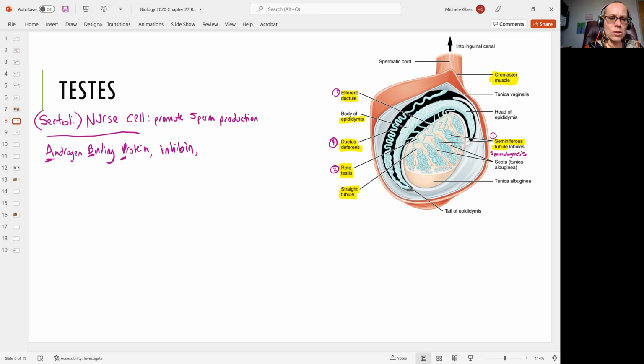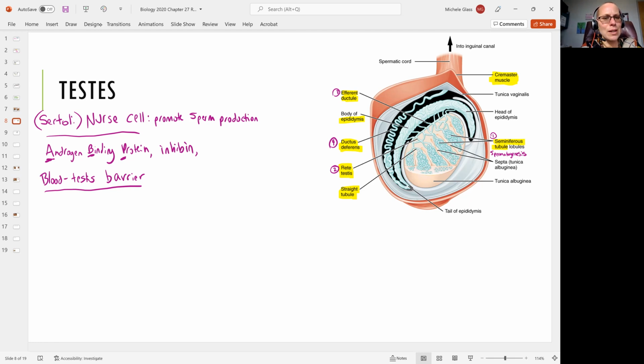And we see that the nurse cell is also important in creating what's called the blood testis barrier. And this should sound familiar because we had a blood-brain barrier that we talked about earlier in the course. In the case of the blood testis barrier, it's the same idea. We're protecting what has access to the sperm cell, right?